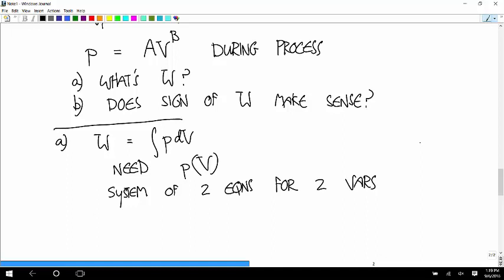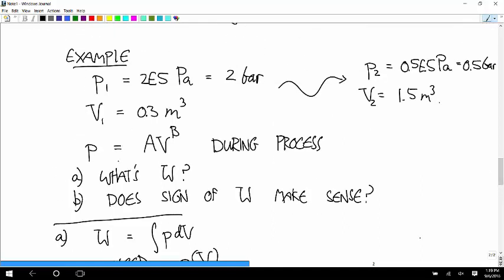So at state one, plug what we know into this relationship between pressure and volume.